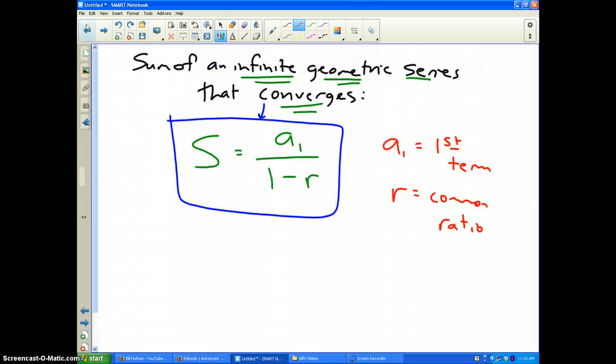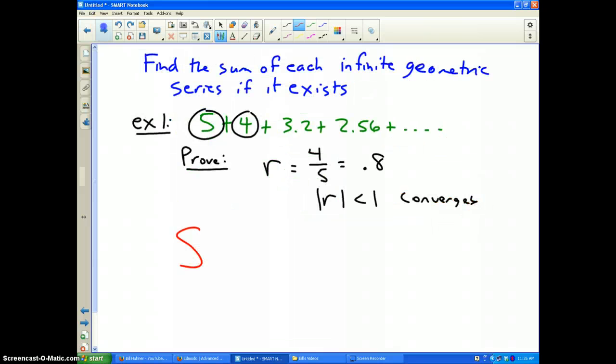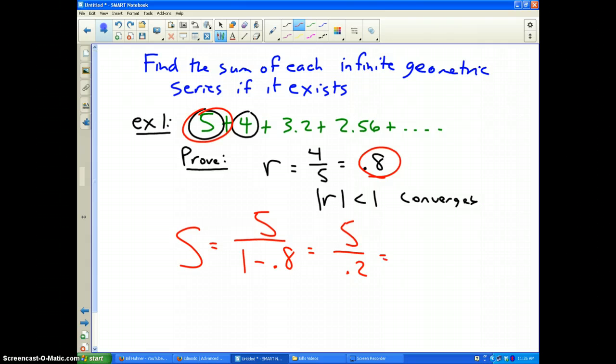Therefore, I use the formula I just wrote. The sum of this series is the first term divided by 1 minus the common ratio, which is 0.8. So I get the number 5 divided by 0.2, and 5 divided by 0.2 is 25.